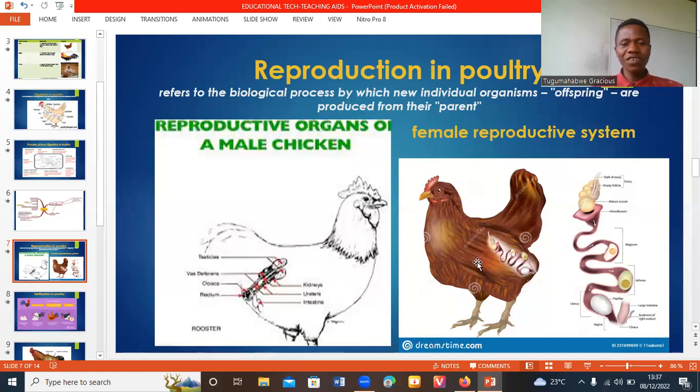In females, it is the same position, but those organs are different in features, and their parts are totally different. But these two diagrams were just showing where exactly those organs are found within the body of a poultry.